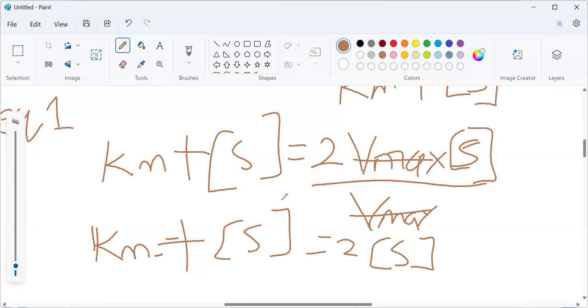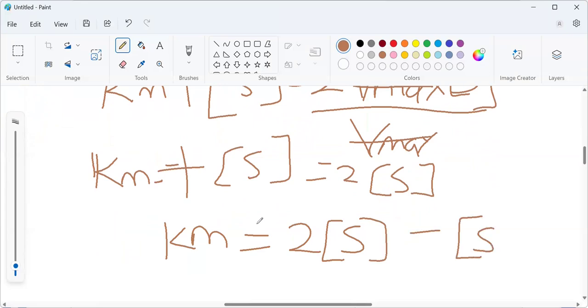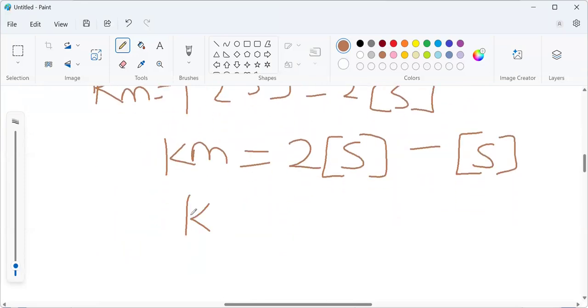Finally, because we have 2 of this, once it comes to the other side it subtracts by 1, giving 2S minus 1S, and eventually the Michaelis-Menten constant equals the substrate concentration.